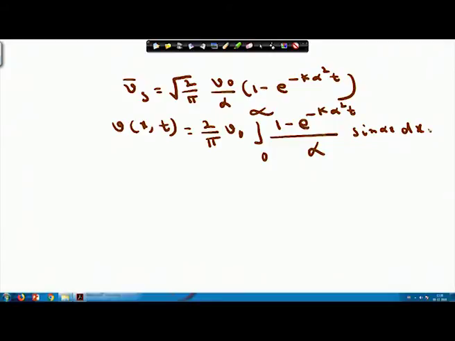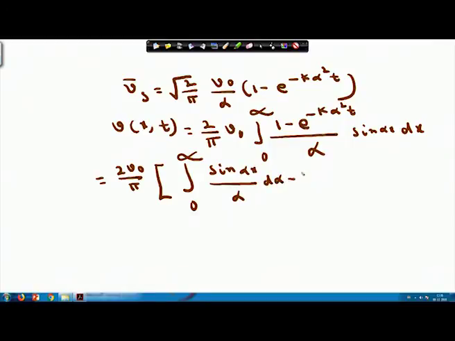This now I can break into two parts: 2 v 0 by pi into the integral 0 to infinity of sine of alpha x by alpha d alpha, minus the integral 0 to infinity of e power minus k alpha square t by alpha into sine of alpha x d alpha. This is d alpha, not dx. This value is known to us: pi by 2.